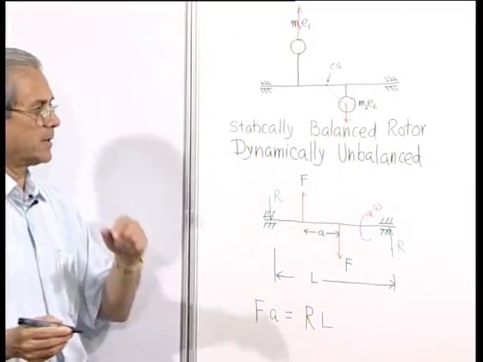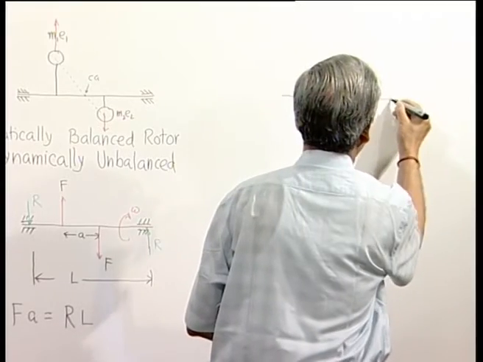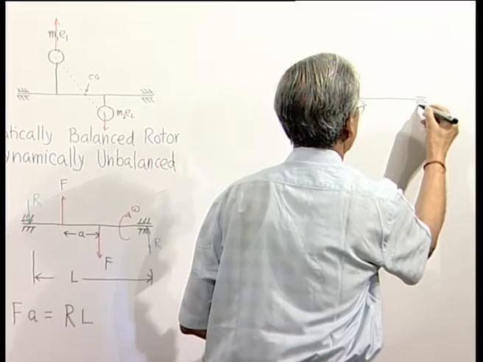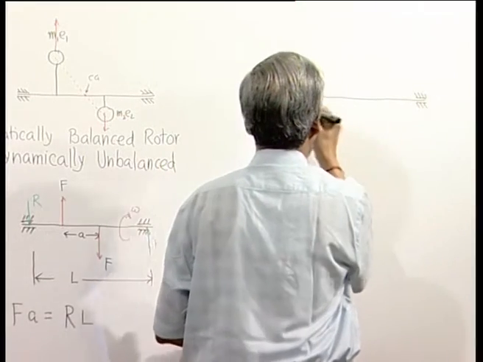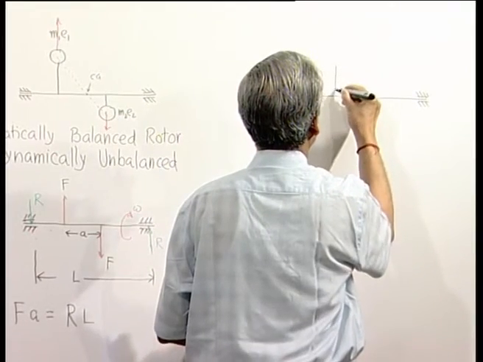Now, to balance this, what we have to do, that means, if we have to produce a rotating object which is both statically and dynamically balanced, we have to ensure that the resultant force and resultant moment produced by the objects are zero.